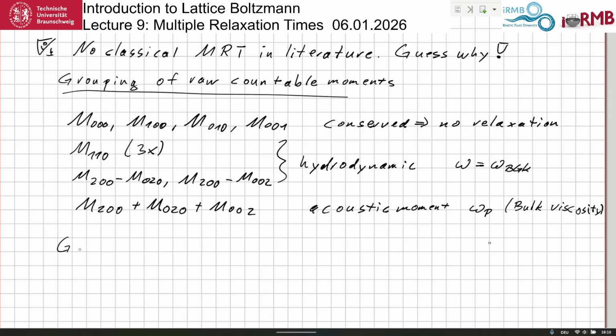If I would be able to write the ghosts, there are classes of ghosts, and I will name them by their order of the moment. At 3rd order, we have 3rd order A, which is M120, of which we have 6 permutations, yeah? Then we have 3rd order B, M111, of which we have only one permutation.